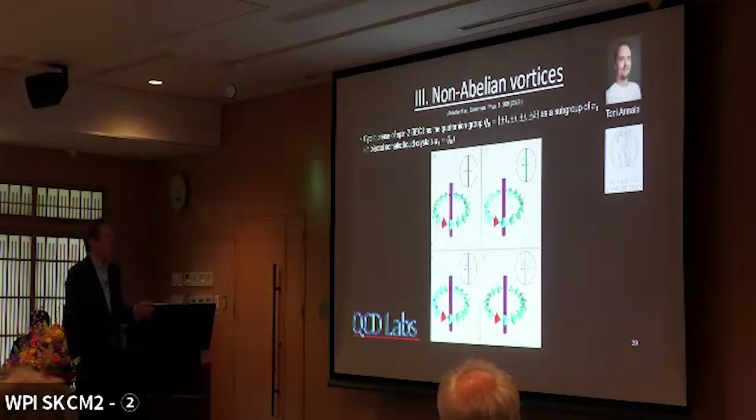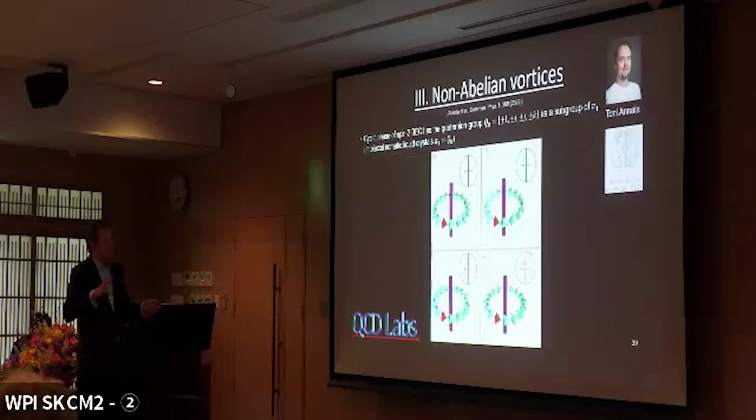It turns out that a subgroup of the spin 2 BEC cyclic phase is the quaternion group. It can also be realized in biaxial nematic liquid crystals. For that sort of order, you can create so-called non-Abelian vortices. It means that the order is rotating about a certain axis when you go around the vortex.